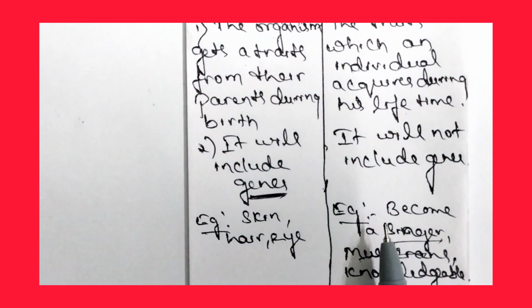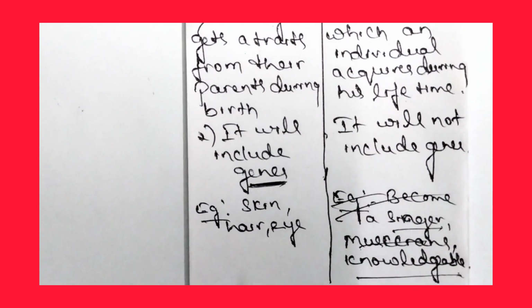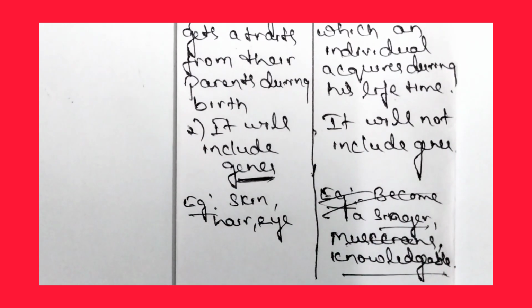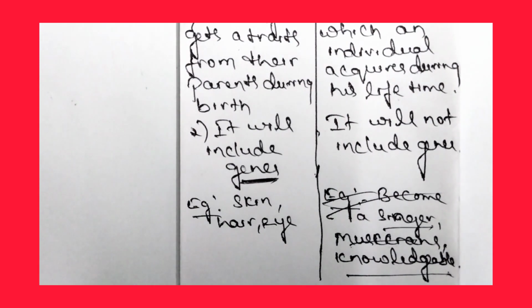Example for acquired: becoming a singer, a musician, a knowledgeable person. In the exam, a difference for 2 marks can be asked. So remember the difference between inherited traits and acquired traits.